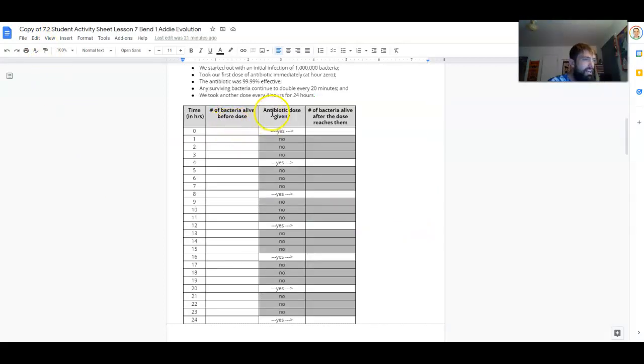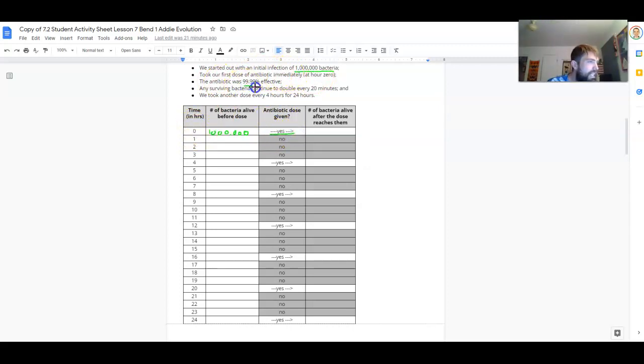All right, so now we're going to calculate it a little more in depth. There's a little more information here, right? So we have initially 1,000,000 bacteria. So that's what we're going to start with here. Go ahead and fill this out with me. And then we took our first dose of antibiotics immediately, right here.